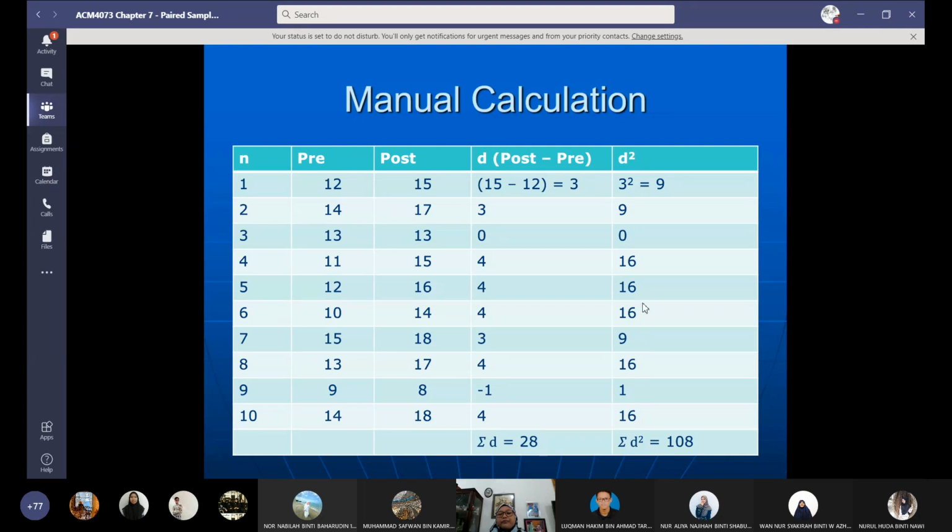You have to square every score from D. At the bottom, you sum up the squares for each respondent. Then you get 108. At home, you can create your own data so you will be able to practice the manual calculation. So inshallah, you will understand better.